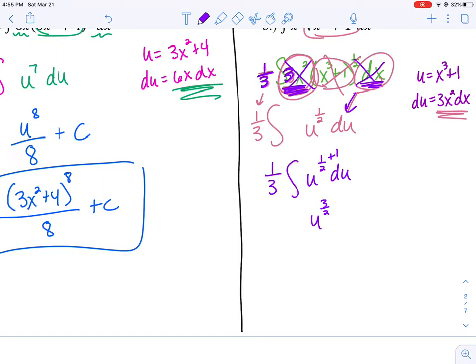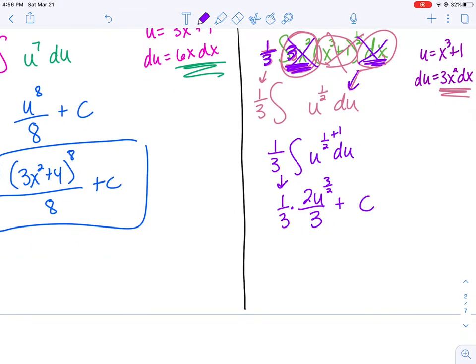Instead of dividing by 3/2 and having a triple layer fraction, I'm going to multiply by its reciprocal, so 2/3. I'm going to add my constant of integration so I don't forget, and then I still have a 1/3 out in front that I can't forget as well. So, combining it a little bit, I have 2u to the 3/2 over 9 plus c.